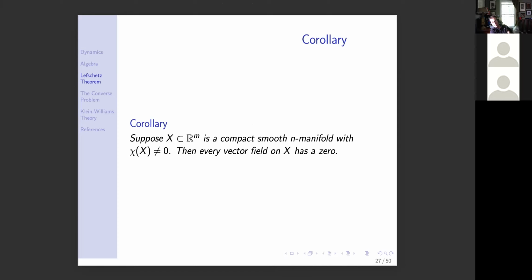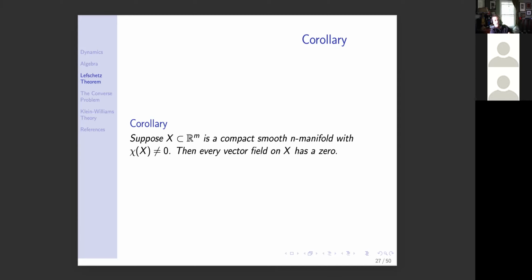I won't define what a vector field is, but the point is that a manifold in R^m has at every point a tangent space, and a vector field is, roughly speaking, a choice of tangent vector at every point, which is varying in a smooth way. And so if the Euler characteristic is non-zero, then every vector field must have a zero.